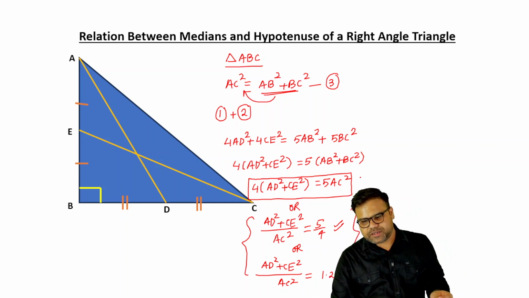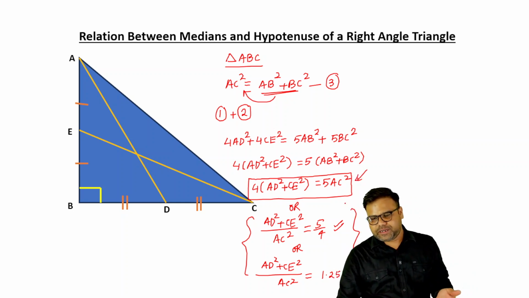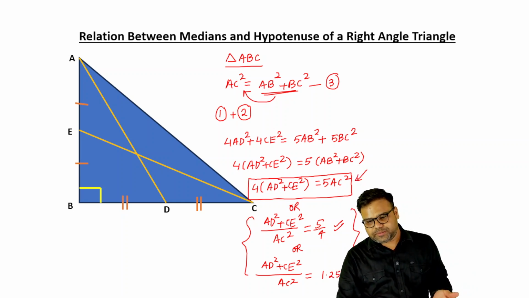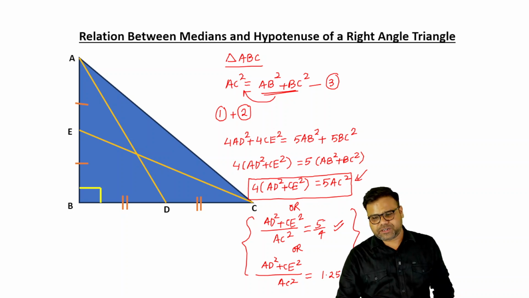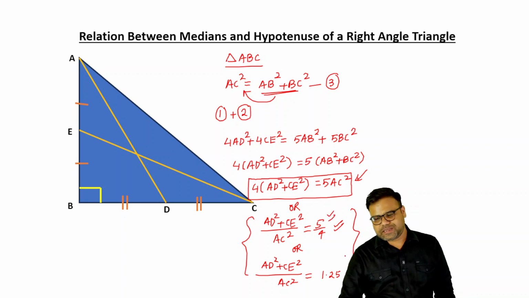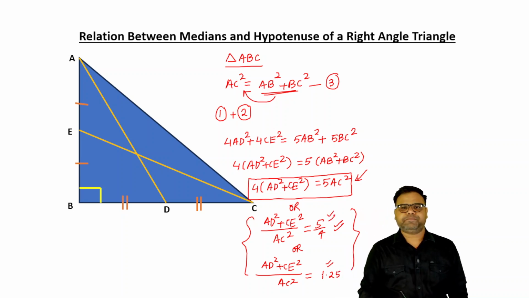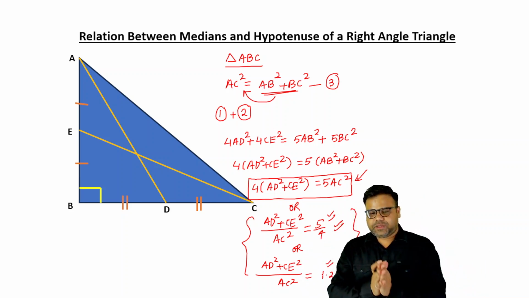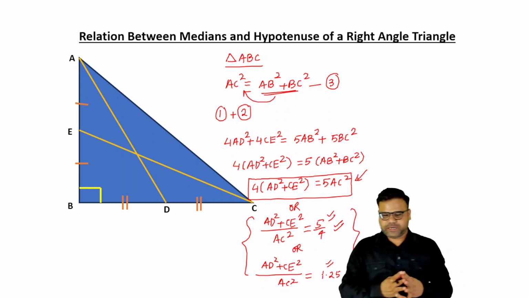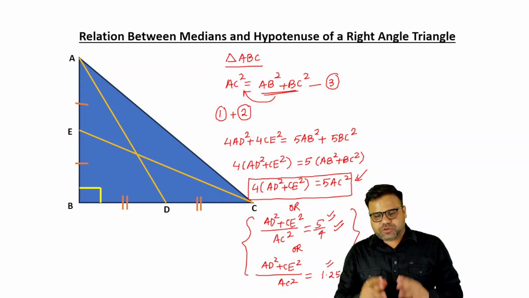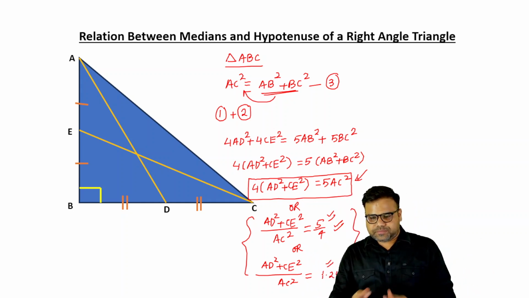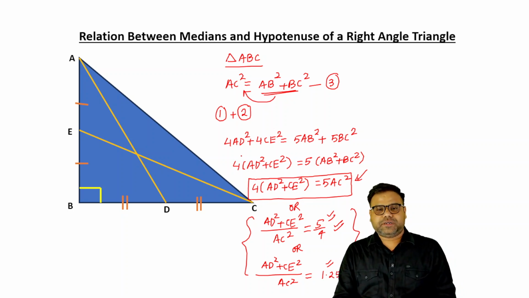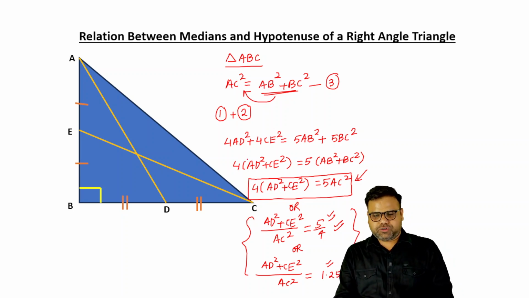If examiner is not giving you this option, he can give you the same expression in the form of this or the same expression in the form of this. So all the 3 expressions are the same. You can take any of the expressions. Okay. So examiner can give you the theorem itself, or he can make a question out of this theorem.